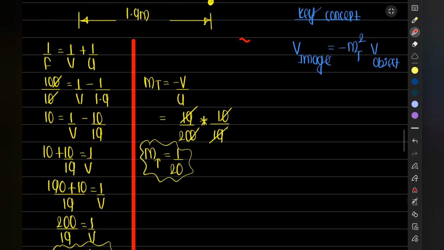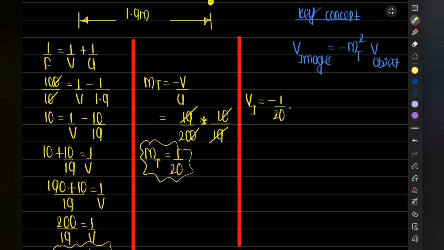Now only the last thing we have to find, which I have already mentioned in the key concept, that is the velocity of image. The velocity of image is minus m_T square times the velocity of object. The value of m_T is 1 by 20, its square is 1 by 400.